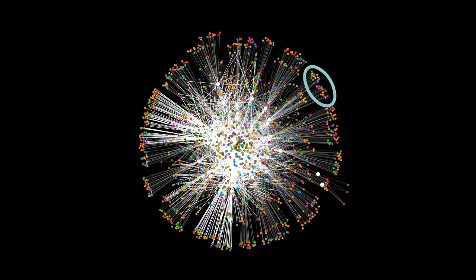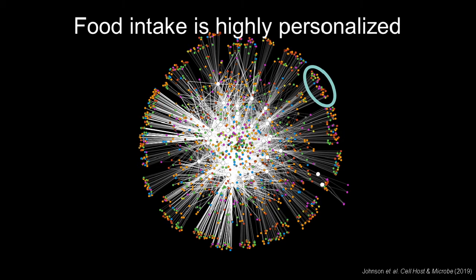And these were more rare foods that tended to show up in just one or two people. And what this showed us is that most of the foods, or many of the foods, were only being consumed by a small fraction of the subjects in the study. So the food intake was highly personalized. And what this means is that it's going to be challenging to analyze.